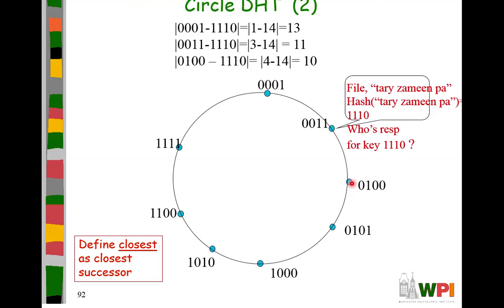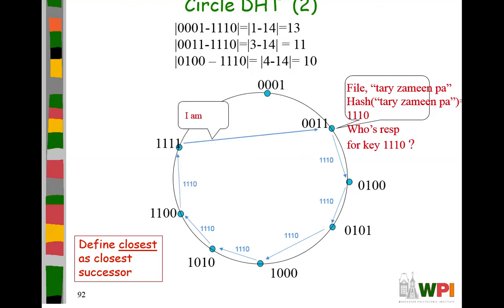Now this pair will also do the similar comparison of this key to itself, to its predecessor, and to its successor. So this will become the closest one. It forwards that file to this pair, until it reaches here.